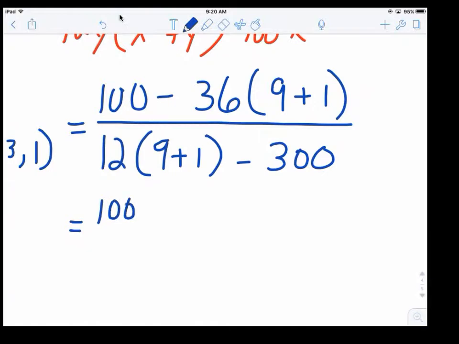All right, so I have 100 minus 36. 36 times 10 is 360 over 120 minus 300.